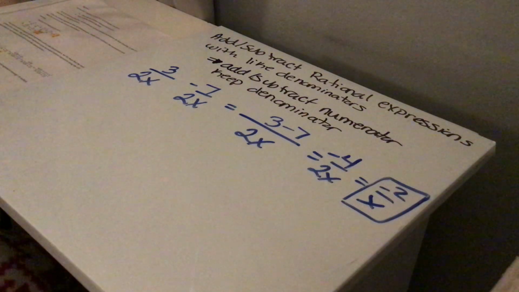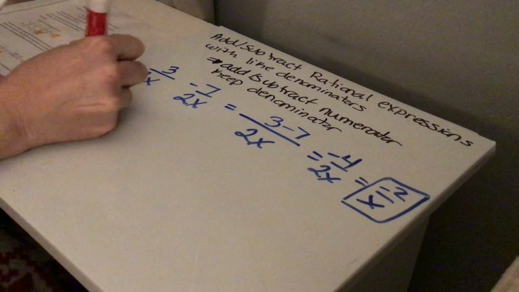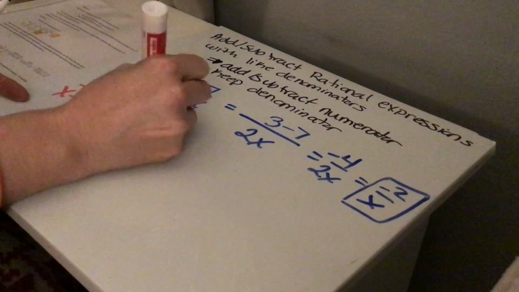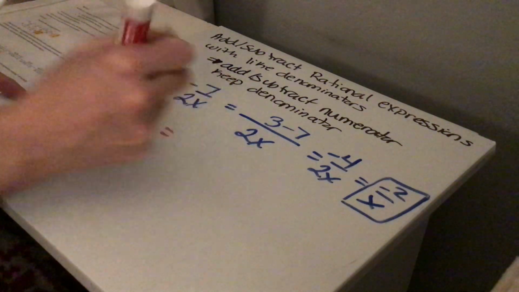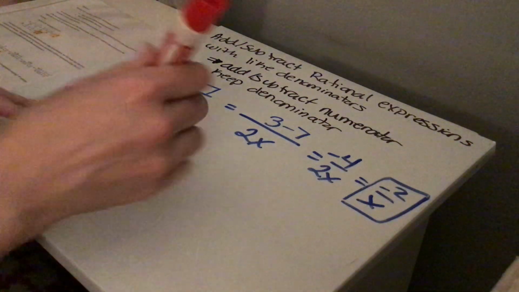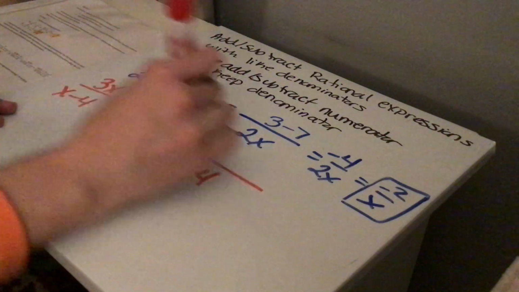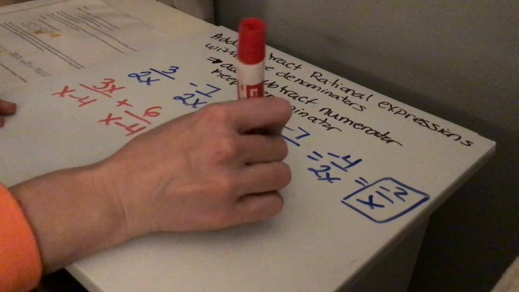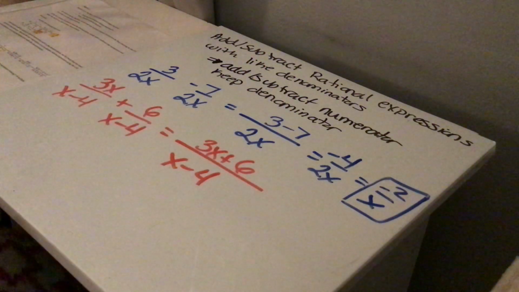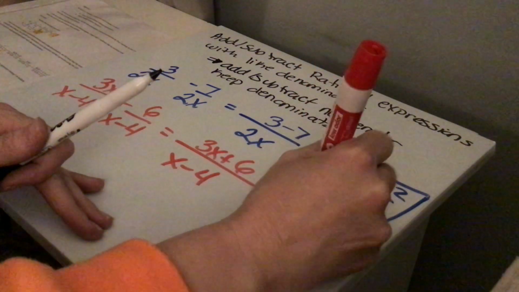So we have 3x over x minus 4 plus 6 over x minus 4. Okay, well, they have the same denominator. They're both over x minus 4, so we're going to leave the x minus 4, and then the numerator, just add 3x plus 6. You could try to factor. 3x plus 6 would just be factoring out a 3.